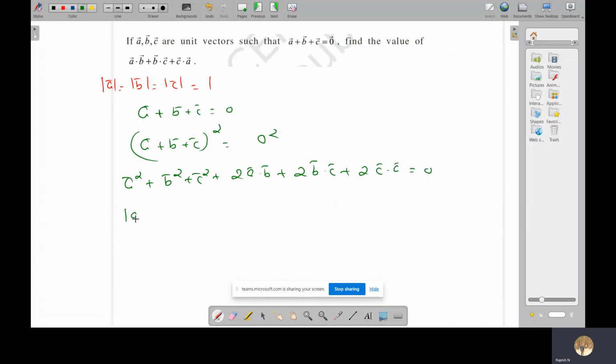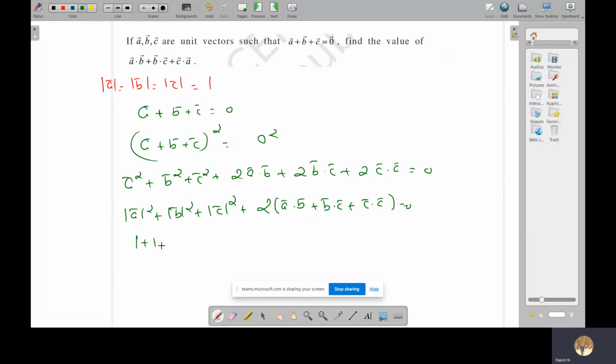So a bar squared is modulus a bar squared, plus modulus b bar squared plus modulus c bar squared, plus 2 into a bar dot b bar plus b bar dot c bar plus c bar dot a bar is equal to 0. This modulus a bar squared is 1.